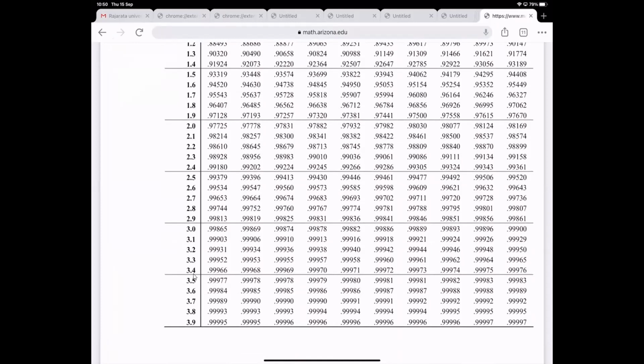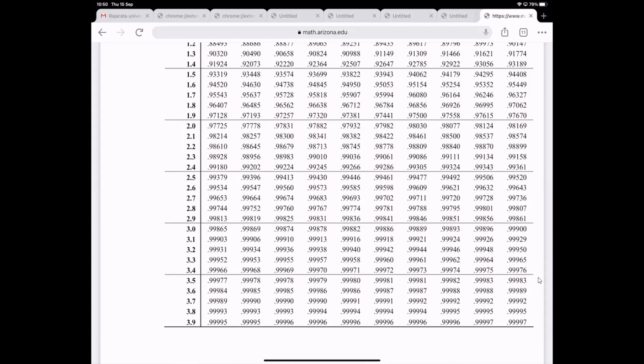You can see here 3.49 is 0.99976, which is approximately equal to 1. Just consider our table has only 3.4. The greatest probability is 0.9998, therefore we are going to take that one. Also, you can write the probability as almost 1 because the value is very near to 1.